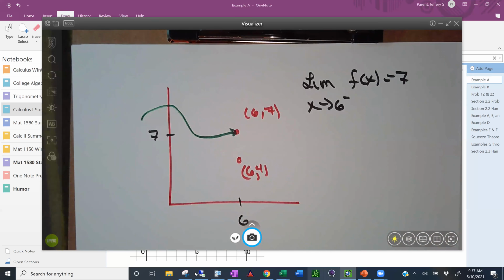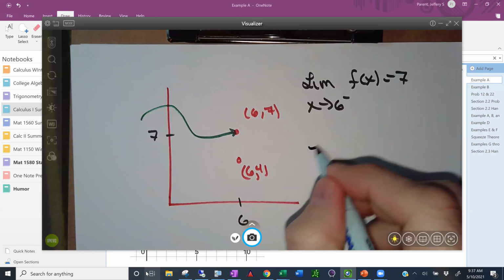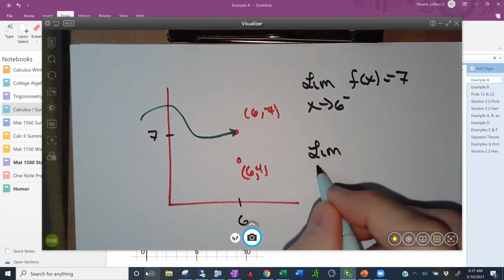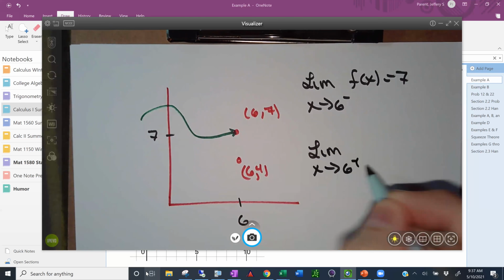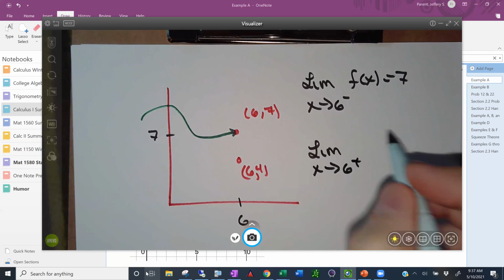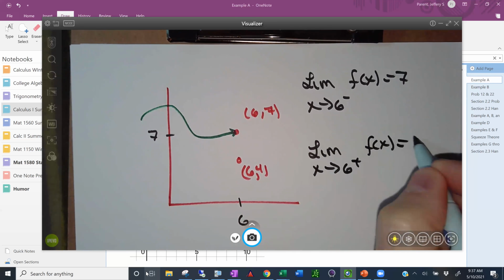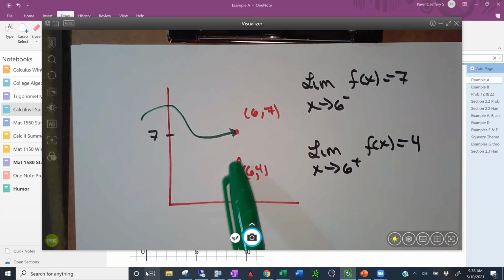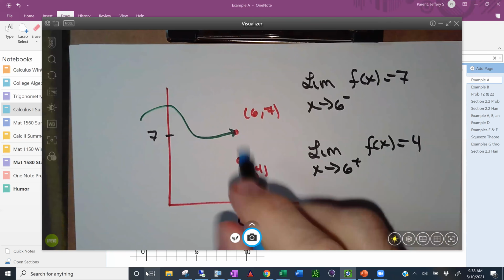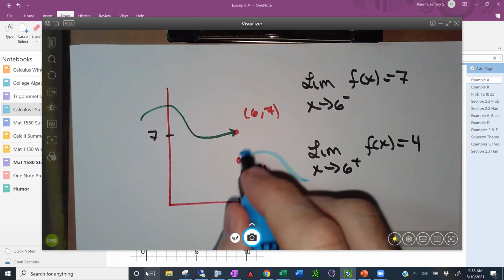Now, there's another side to this limit. That's the negative side. Let's look at the positive side. The positive side, or the right: the limit as x approaches 6 from the right of f of x is 4. So coming from the right, you've got a function that merges into this point. Let's just do something like that.